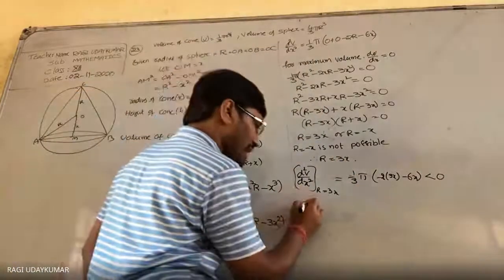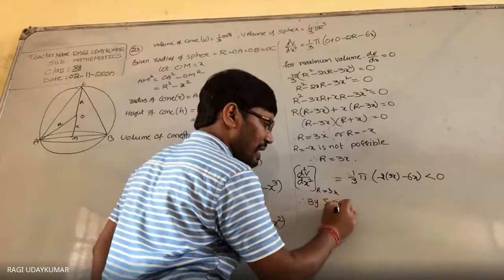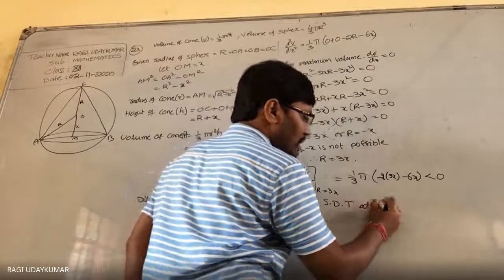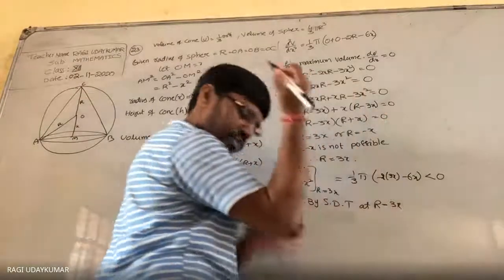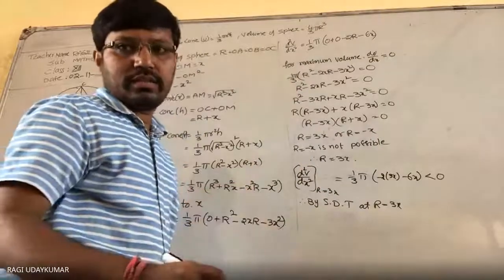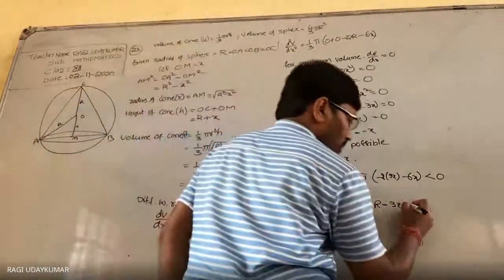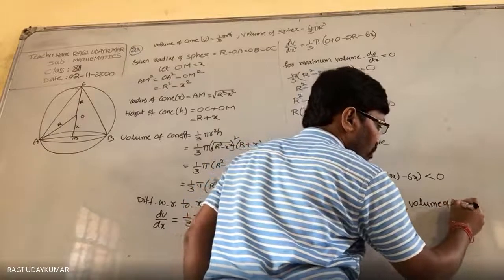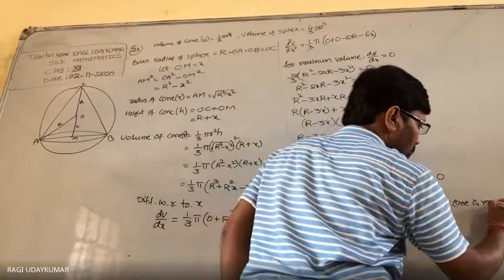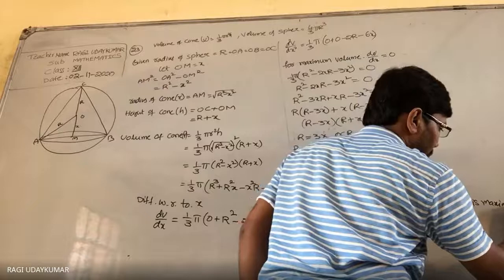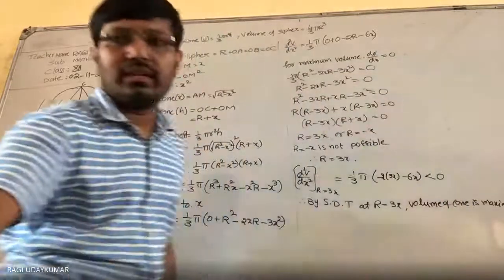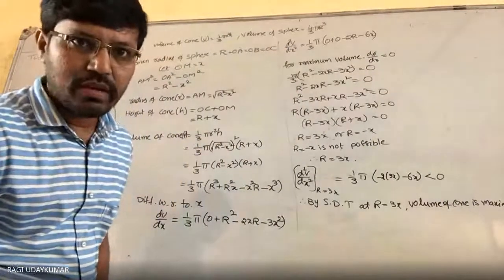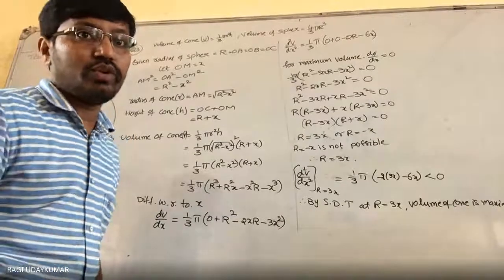So therefore, by my second derivative test, at r equal to 3x the volume of the cone is maximum. But here the question is not asking for just the value.